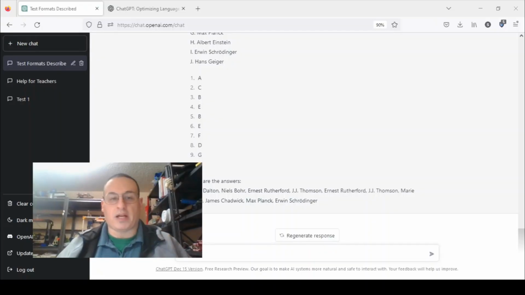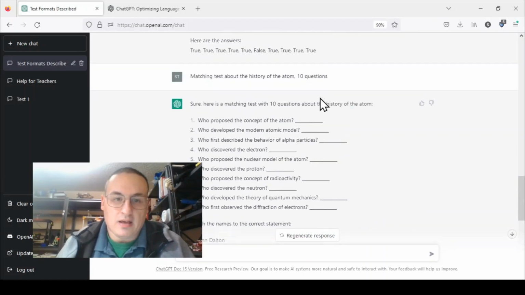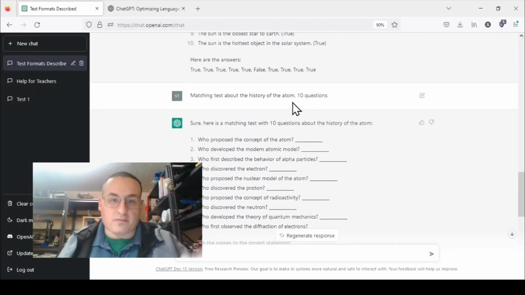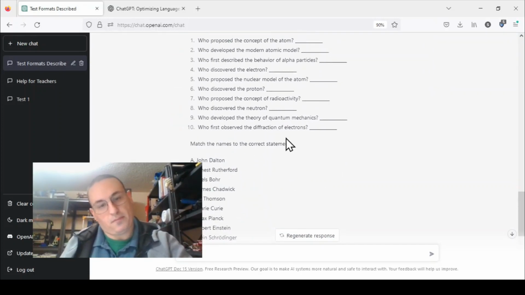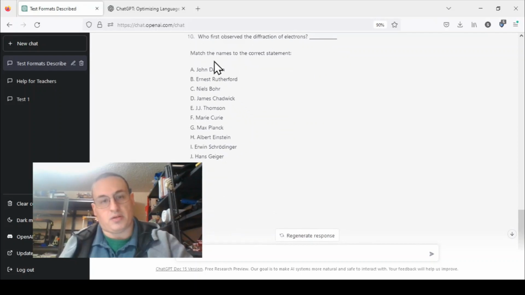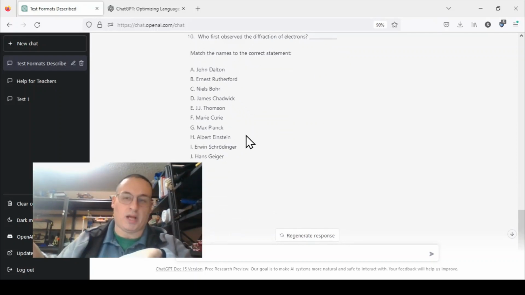So the next one is a matching test that I'll also do on the history of the atom. And so I asked it for a matching test about the history of the atom, 10 questions. And it looks like a fill in the blank here, but it actually gives a list next to it. So you could pull this list, put that on your matching column.